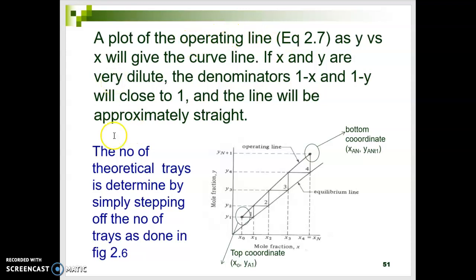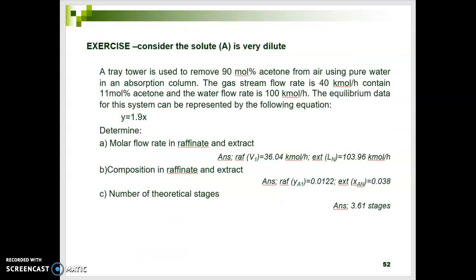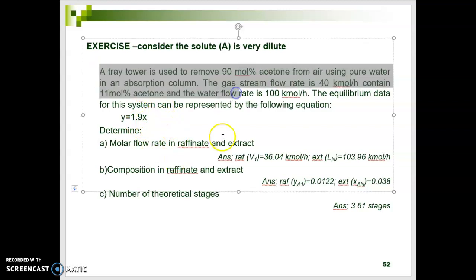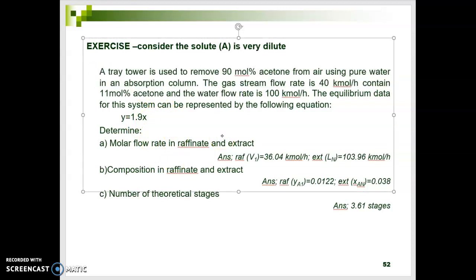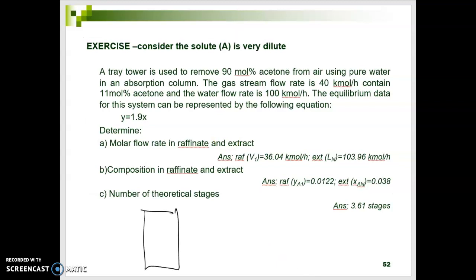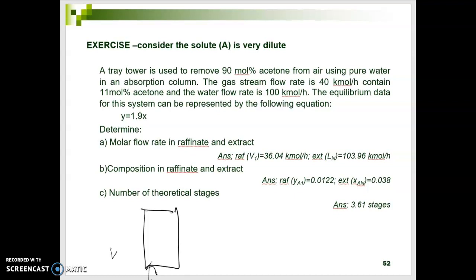So we go for the exercise. When you have your question, first you need to draw a schematic diagram for the system. You need to have your V m plus 1, L naught, and also the compositions for L n and V1.